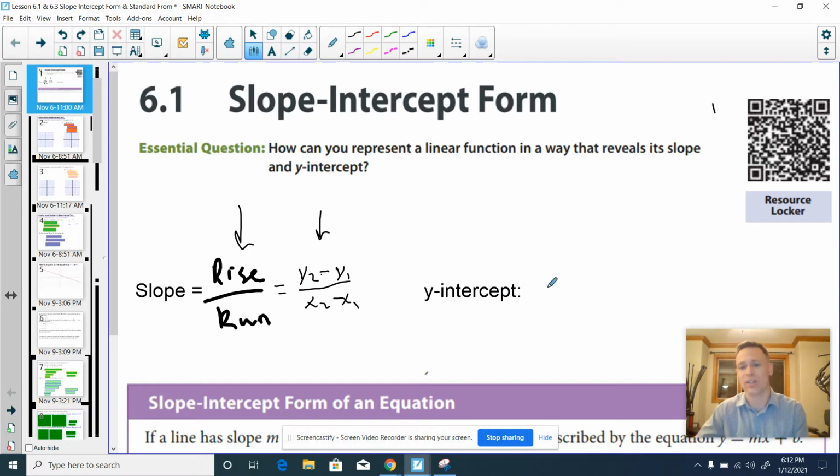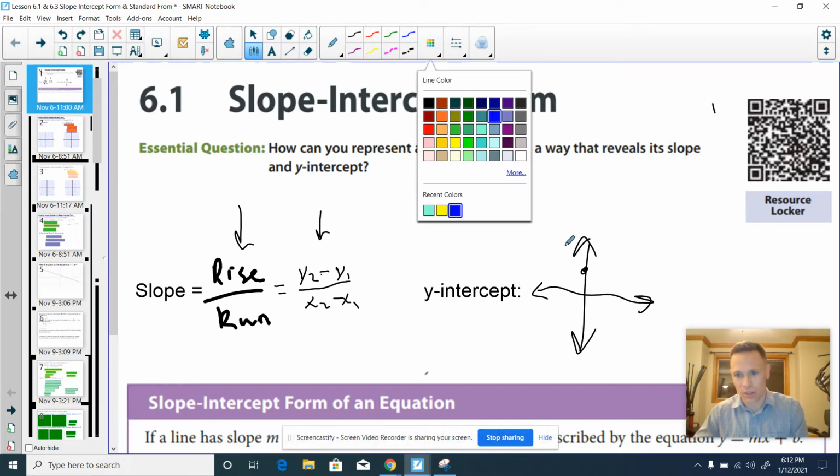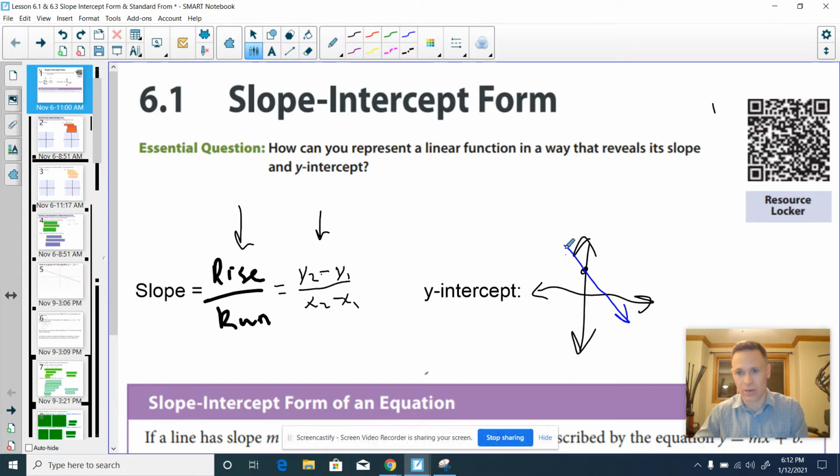All right, y-intercept, what is that? Remember, that's the place on the graph where a line would cross the y-axis. So I'm going to make a dot here, and then draw a line. If this was a graphed line, the y-intercept would be right there, across the y-axis.